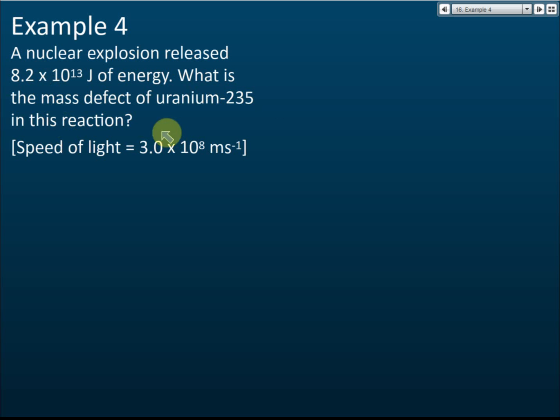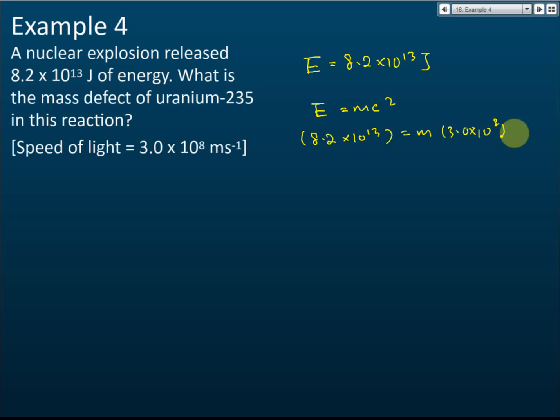Example 4, they want you to find the mass defect in this case. So the answer is 9.11 times 10 to the power of -4 kg.